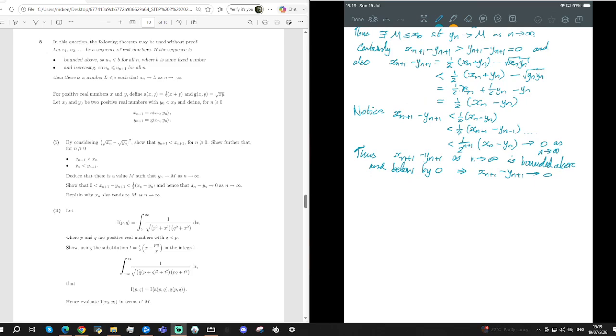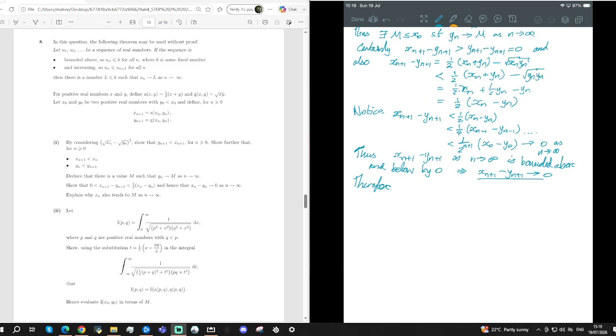Okay. So therefore, we can say something about xn. Therefore, what's the best way to say this? Because this thing is clearly saying that in the limit, xn equals yn. Now, do I want to be more formal?